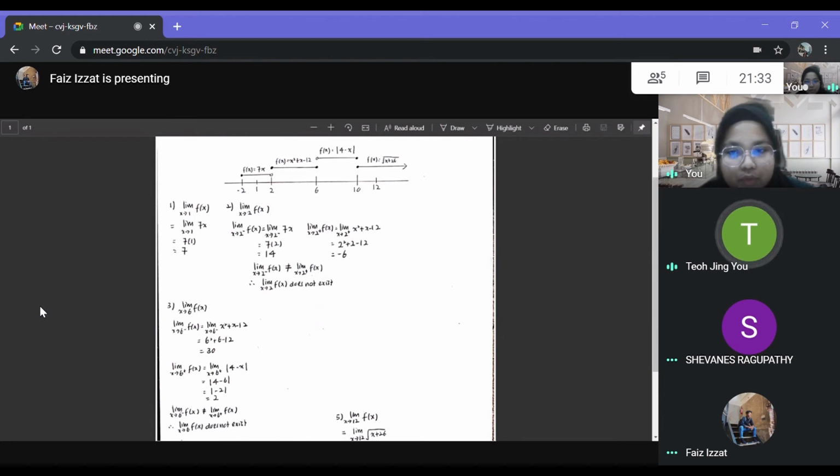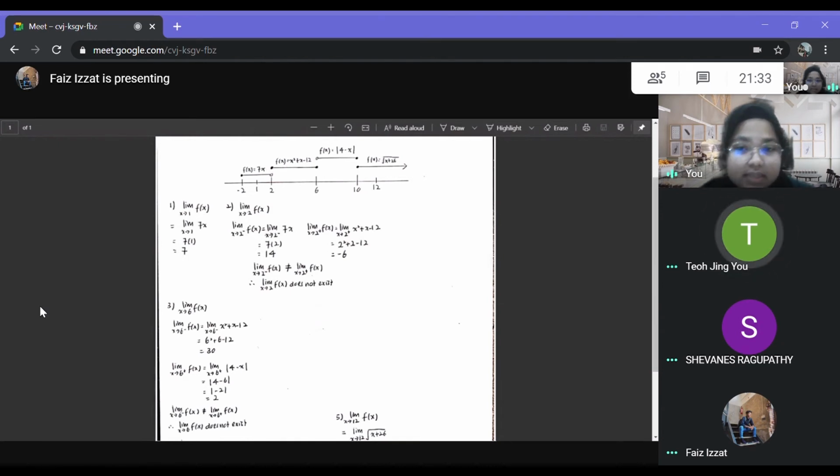So we make a calculation. The limit of the function f(x) as x approaches 6 from the left hand side. We write the limit of x squared plus x minus 12 as x approaches 6 from the left, so we substitute x with 6, so it becomes 6 squared plus 6 minus 12.